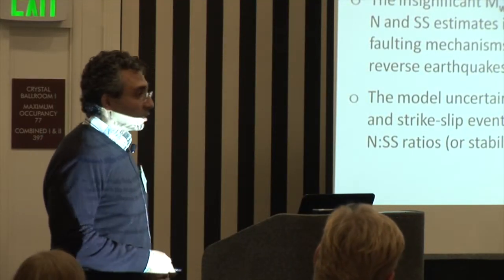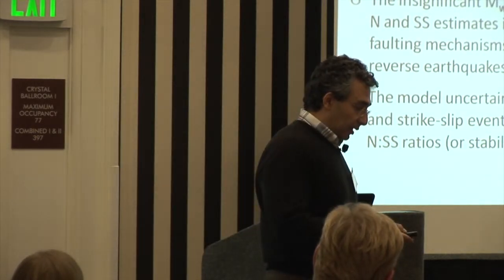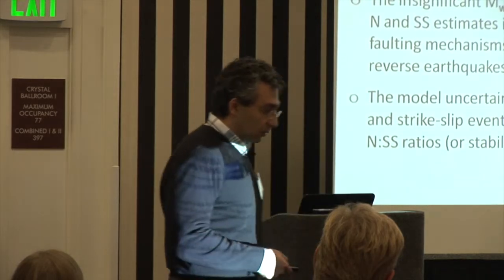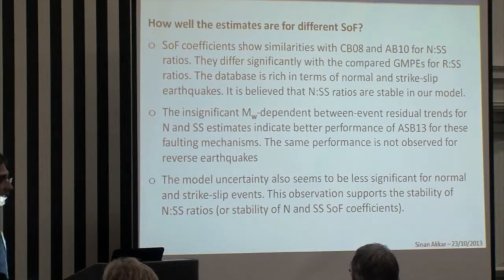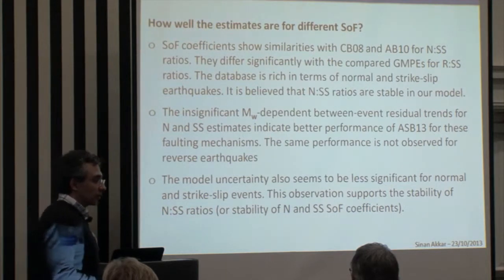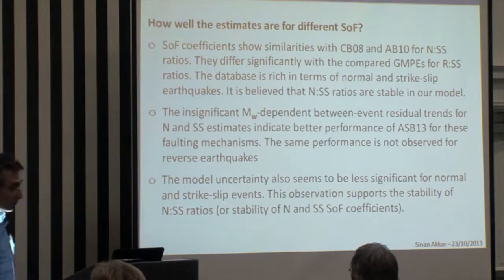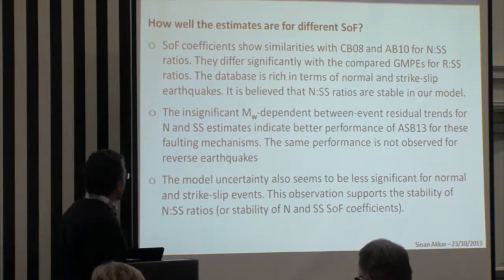But there is a significant difference in our estimations for the reverse to strike slip ratio, which means that, in our opinion, our model is doing a good job for normal and strike slip estimations, but not for reverse estimations, I would say.